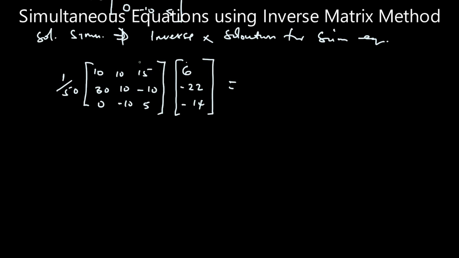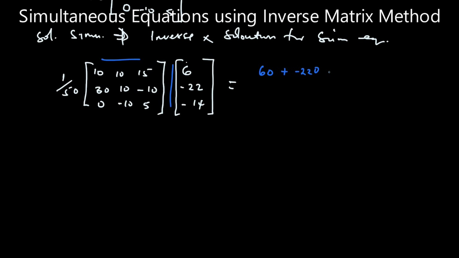So we multiply this row by the column. Always don't ever forget that we are doing the row by the column. So we'll have 10 times 6 is 60. 10 times minus 22 will be plus minus 220. And we'll have 15 times 14 is 210.